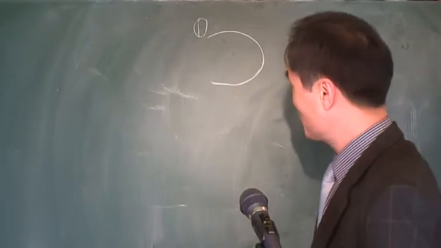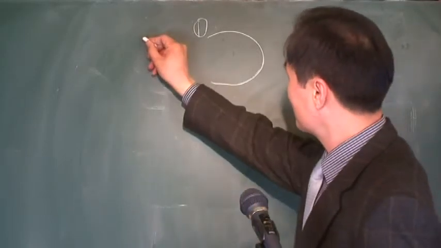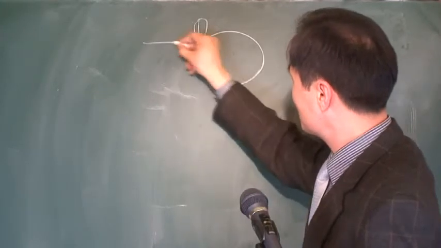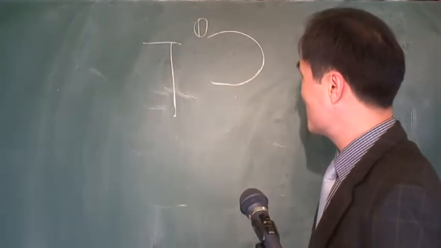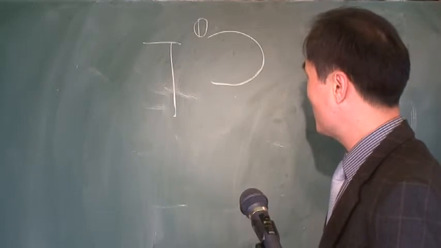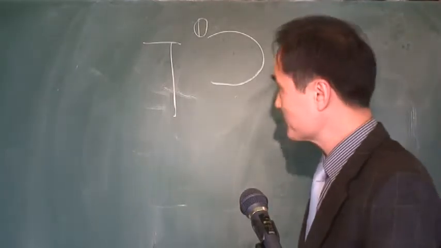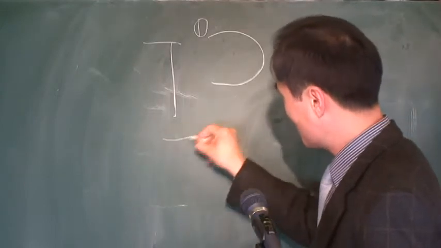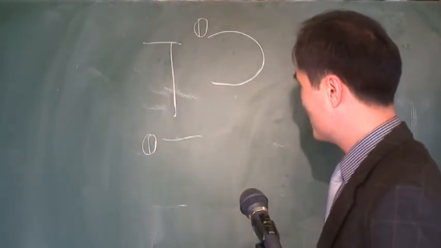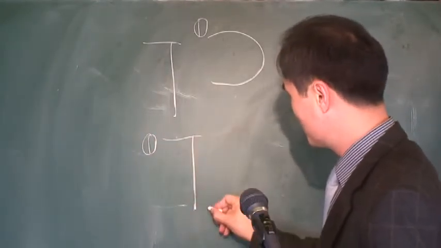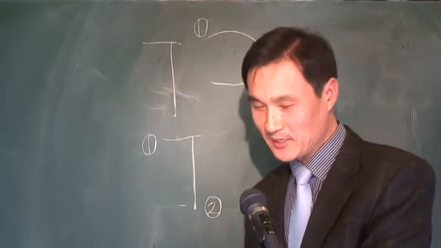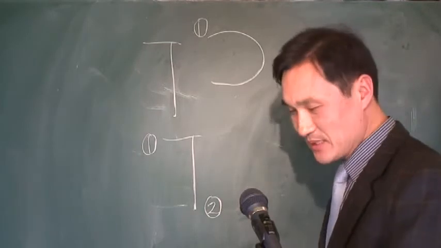When kaf comes at the end of a word, which is sometimes called sofit, it has a tail-like appearance. It will look like this. The order of how it is written is 1 and 2.